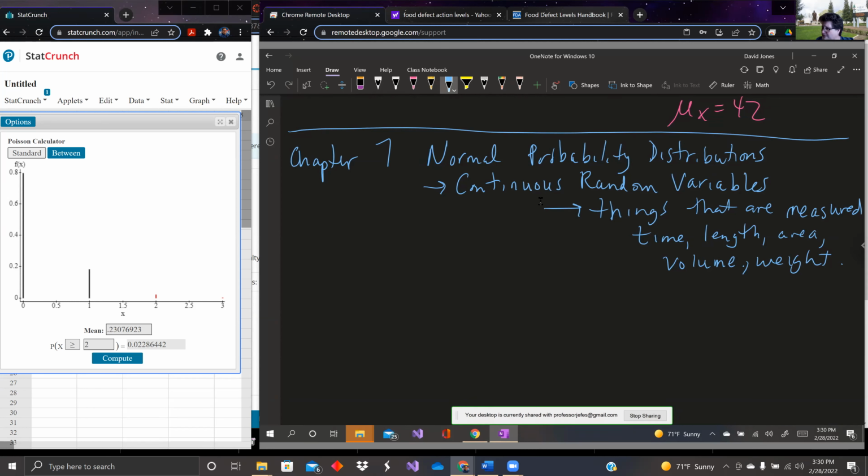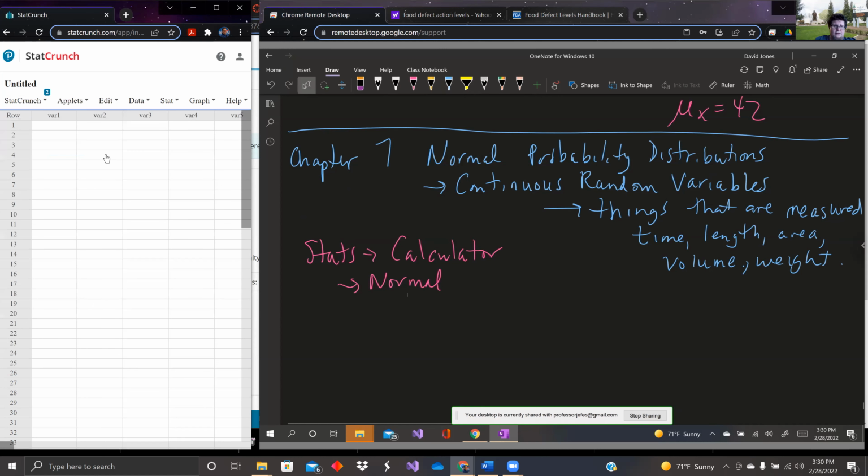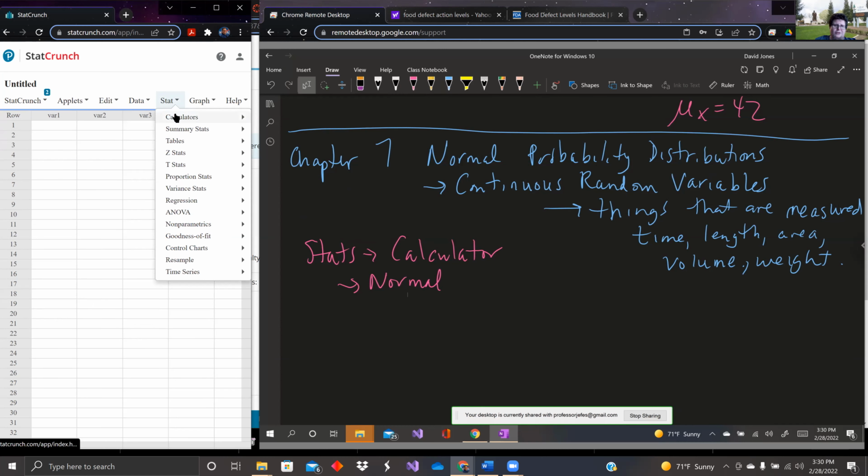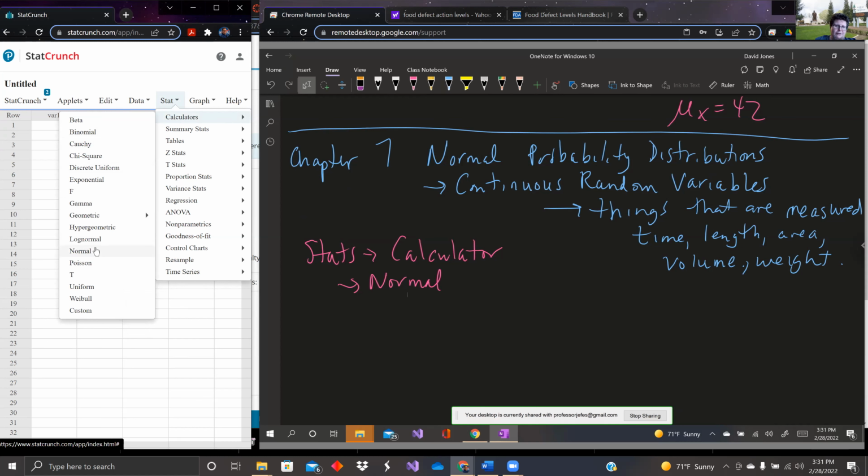And let's just go straight out the gate. Where are we going to be looking? Stats, calculator, normal. So I'll get this loaded up over here on the screen. It's down here under N, stats, calculator, normal.